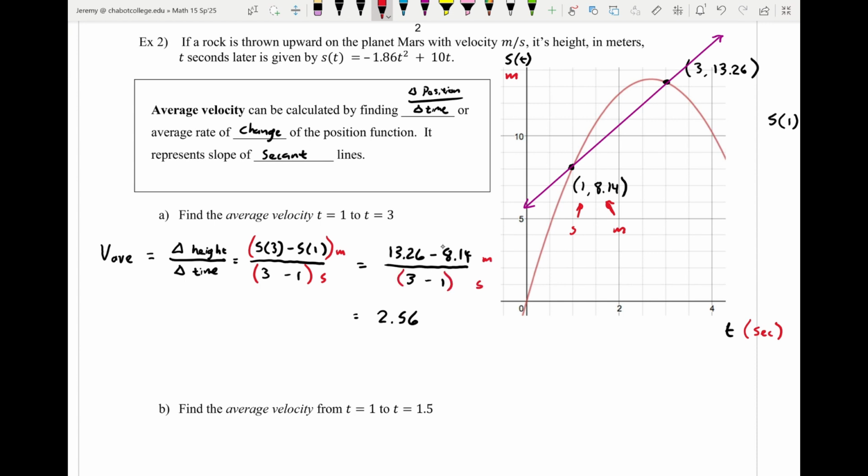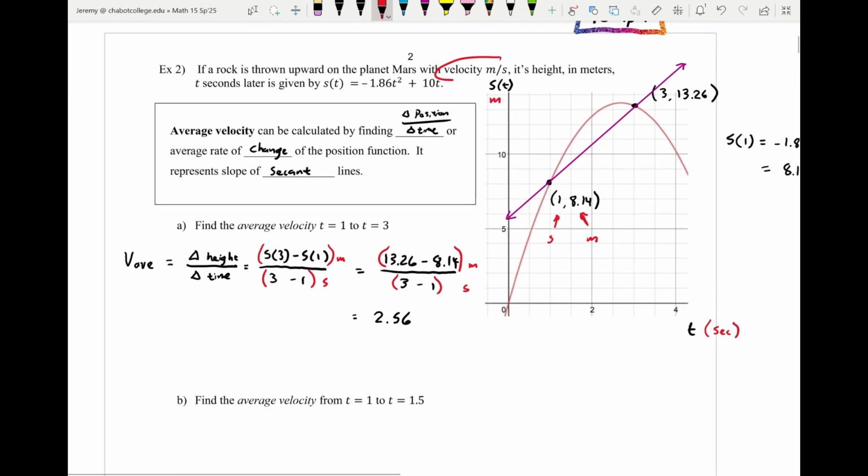This time I don't have to do a conversion factor, because remember up here we indicated we're looking at the velocity in terms of meters per second. If we were asked for meters per hour or something like that, we would have had to do a conversion. But since the t-axis is measured in seconds and the s-axis is measured in meters, they're being a little nicer here.